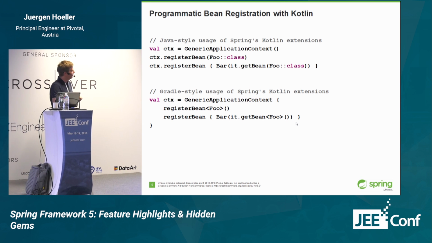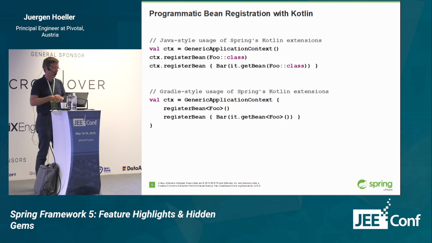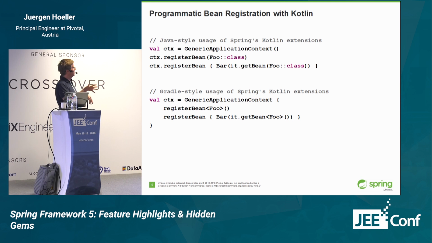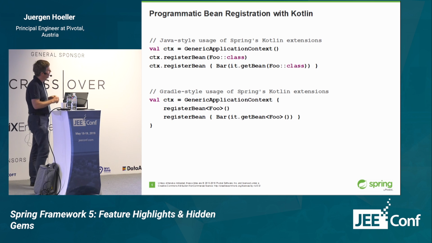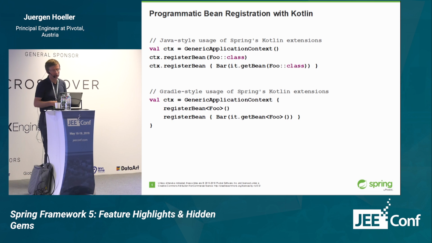So we even have a beans and bean DSL style arrangement in Spring Boot 2. If you're using Spring Boot 2 with the Kotlin starter, in the startup class, you can even use a sort of DSL style beans arrangement, which is even more DSL-like in Kotlin. So Kotlin gives you quite a few variants of registering beans in convenient ways.